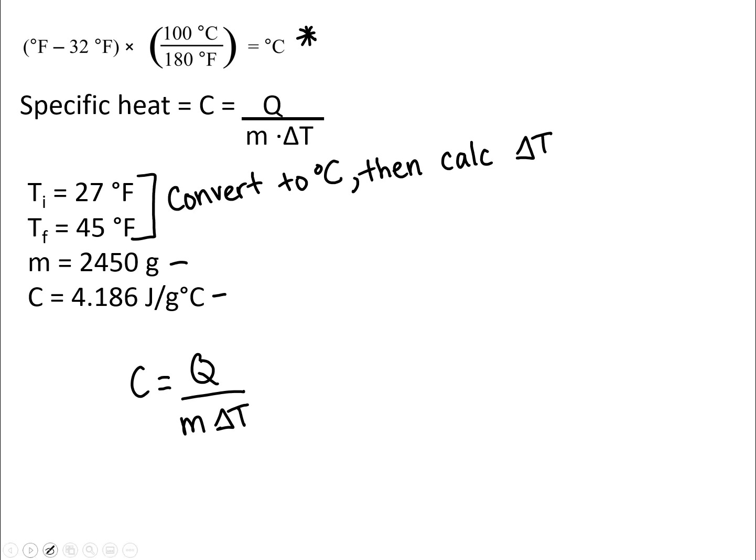What we need to isolate is Q. That's our heat. Okay, that's why I circled it with red. Hot. To do that, we need to get the mass and the delta T on the other side.